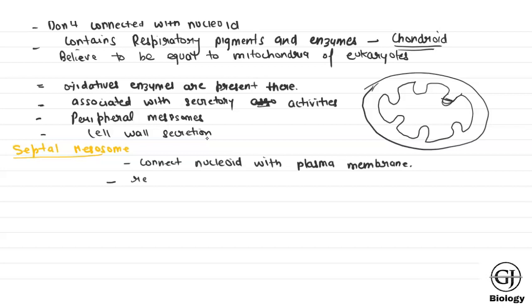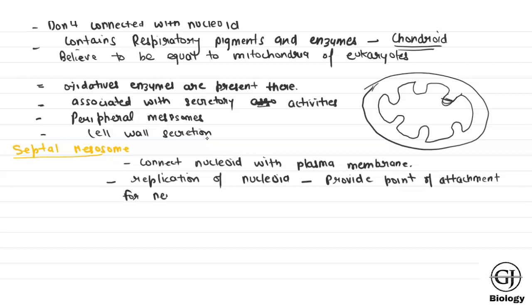They also take part in replication of the nucleoid. Because it is attached with the nucleoid, it helps in replication by providing the point of attachment for the newly replicated ones.